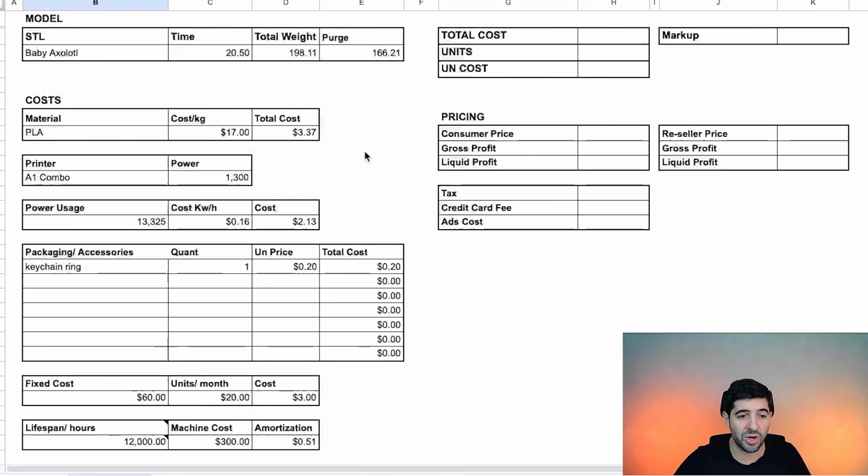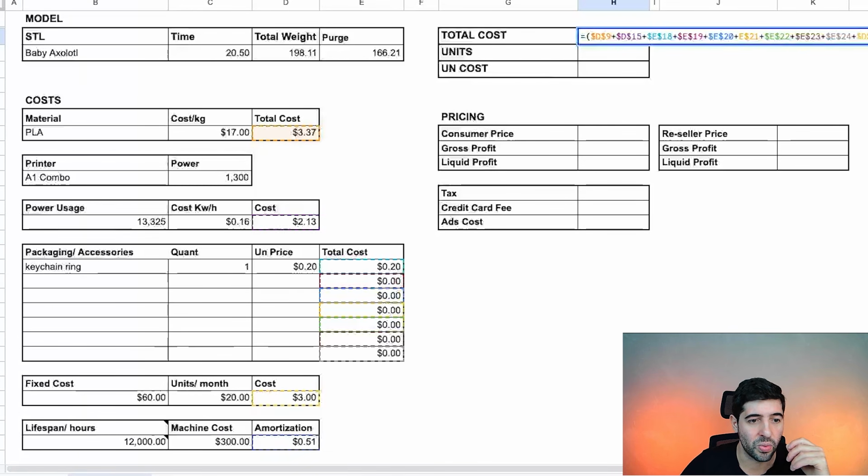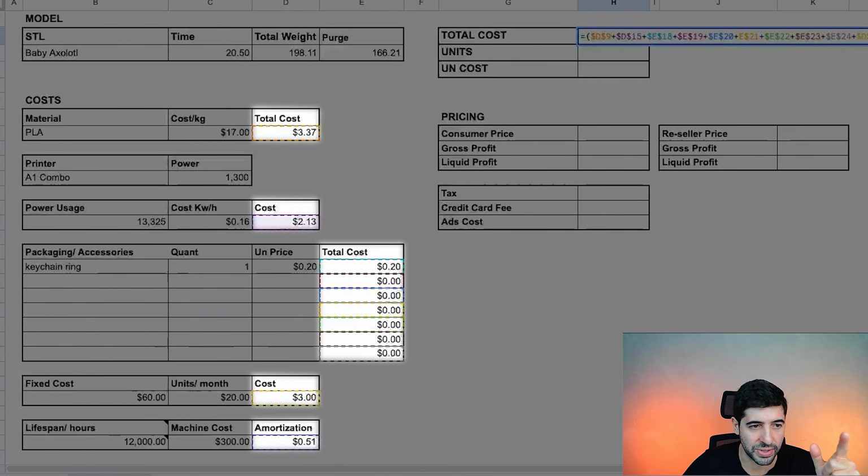All right, so the total cost to manufacture all of these is going to be $9.81. And how does this calculation work? We are summing up the material cost with the electricity cost with the accessories, and then in here you can add a bunch. We have a bunch of slots. If you have more accessories than slots, perhaps you should reduce the amount of accessories you're putting inside.